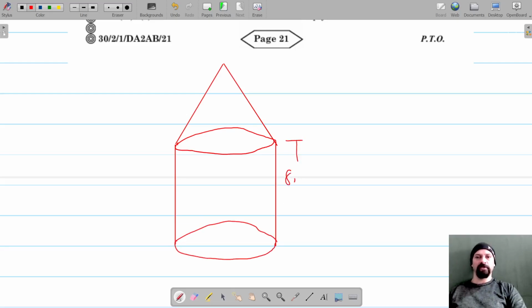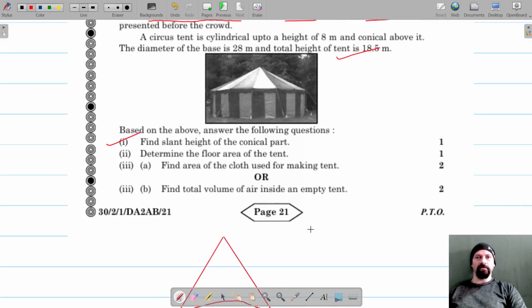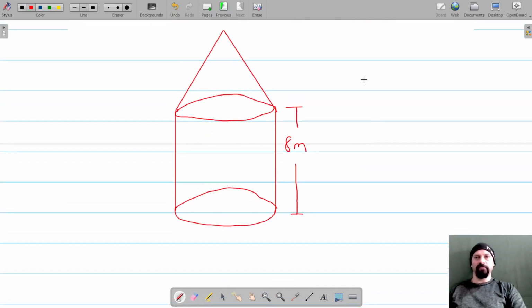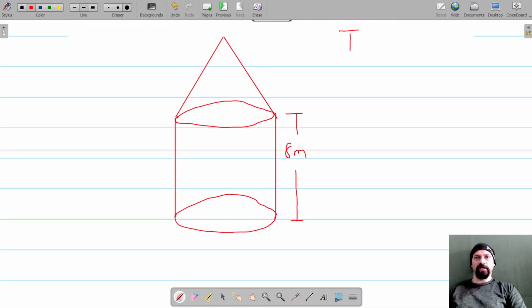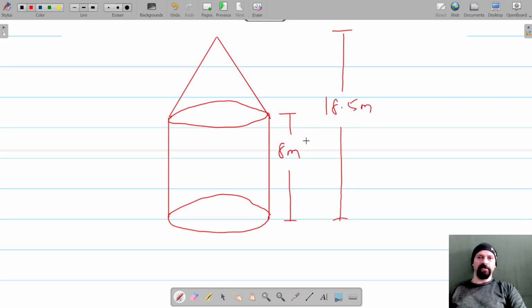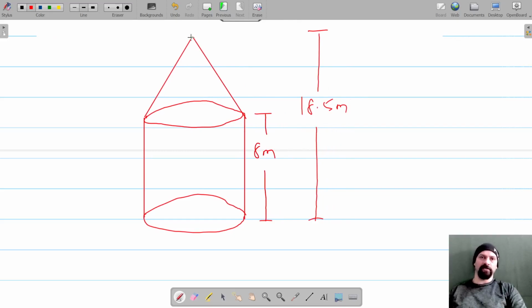Height of the cylindrical part is 8 meter, and total height of the tent is 18.5 meters. So this is the total height of the tent, which is 18.5 meter. And from the total height, if I subtract the cylindrical height, that gives me the height of the conical part.